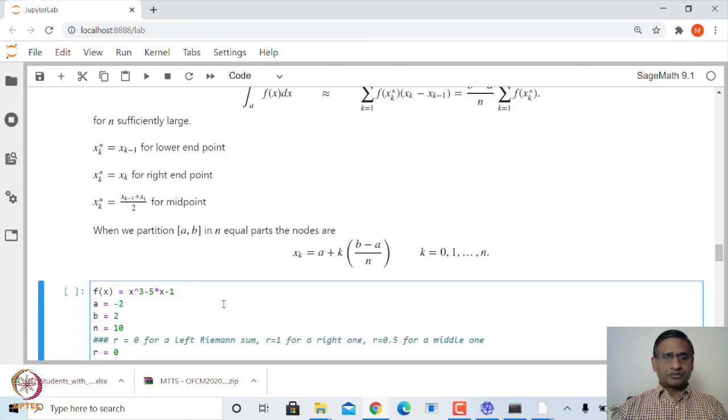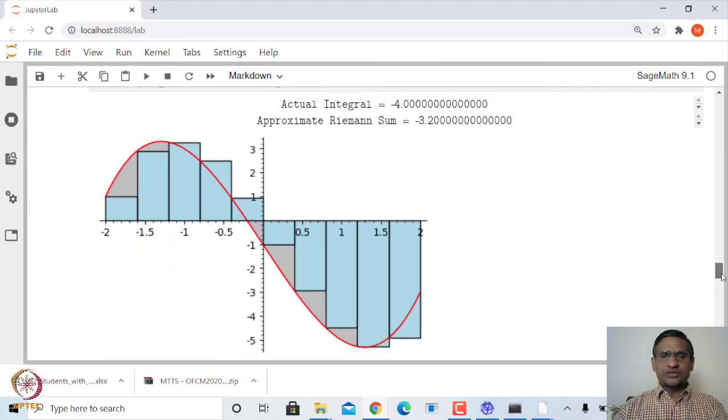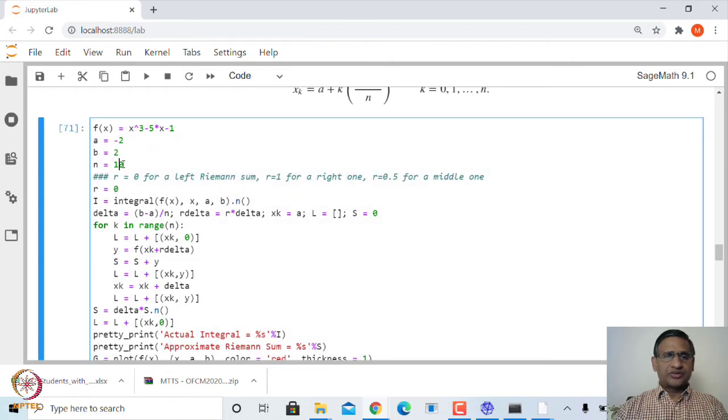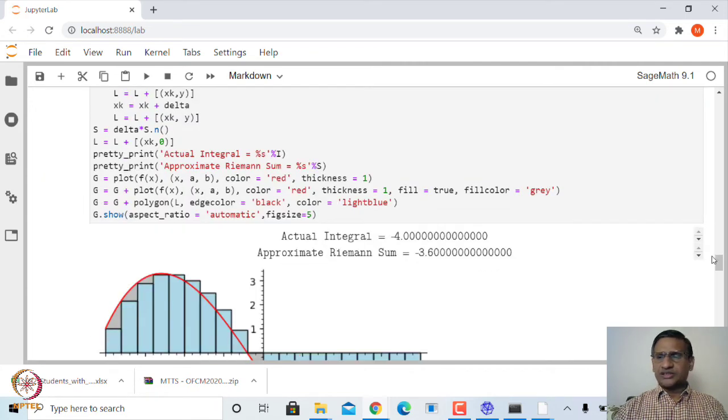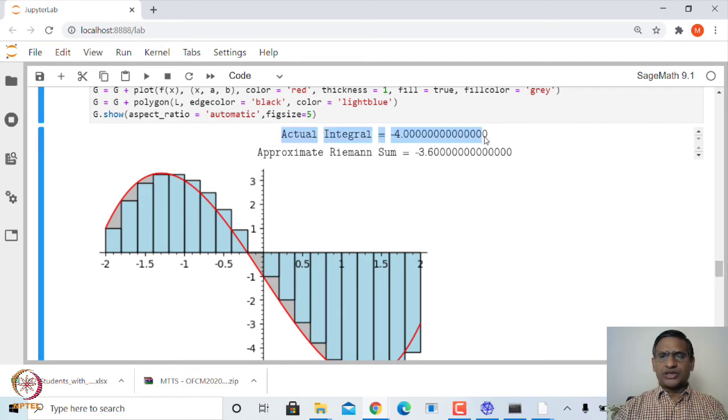Now, let us see the approximate area when you take the left endpoint and divide this interval into 20 equal parts. The value of the actual integral, calculated using Sage, is -4, whereas this approximate area is -3.6.